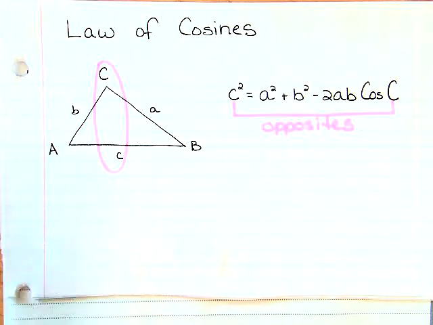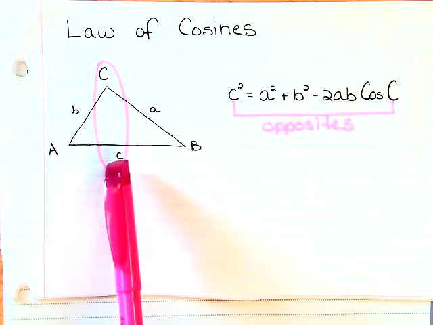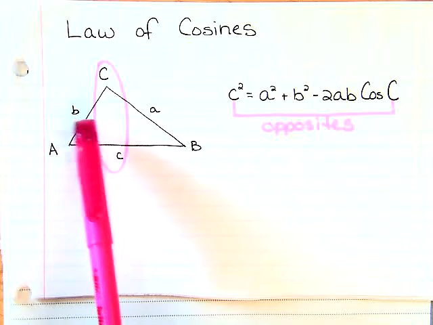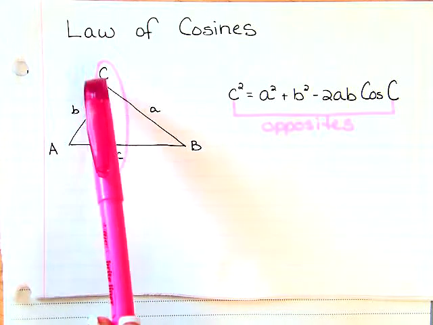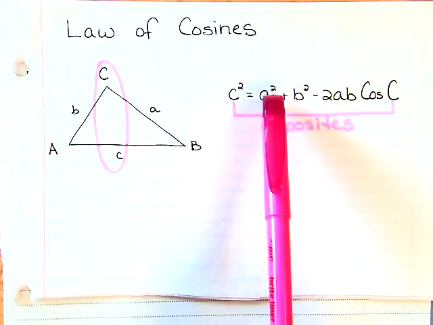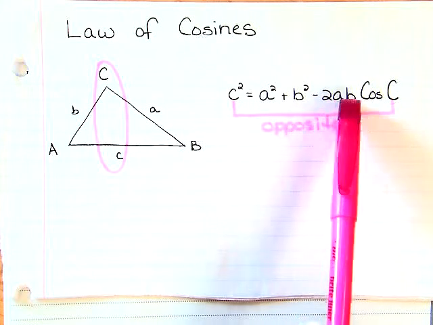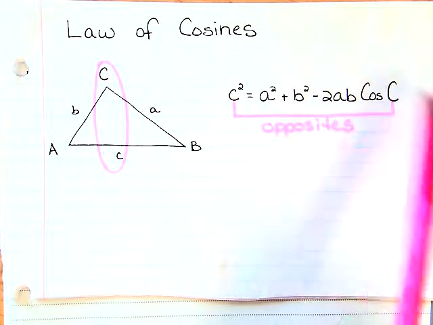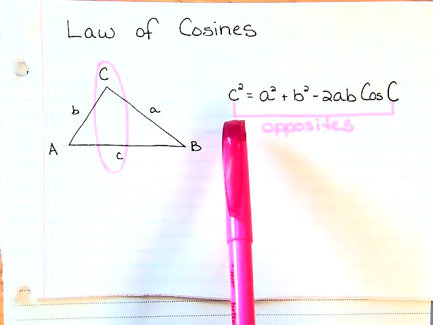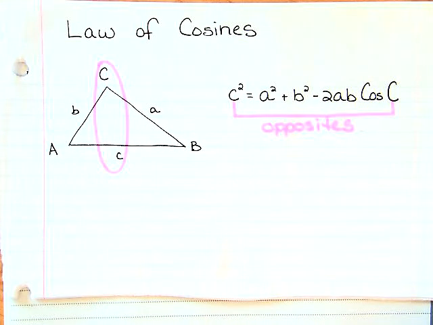So basically what happens is you either are going to be asked to find a missing side, knowing the other two sides and this opposite angle, and then you just plug in the information, the other two sides and then the angle opposite, and solve that out for the side c, or whatever it's labeled.